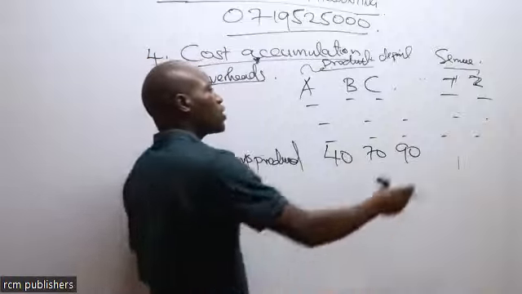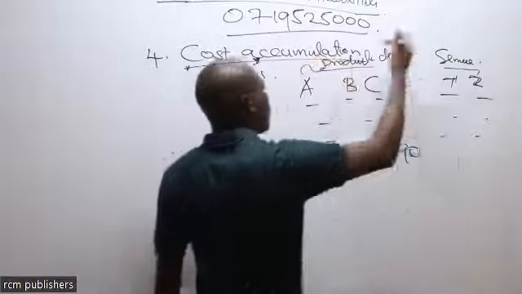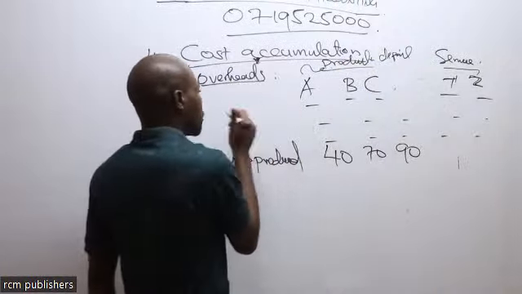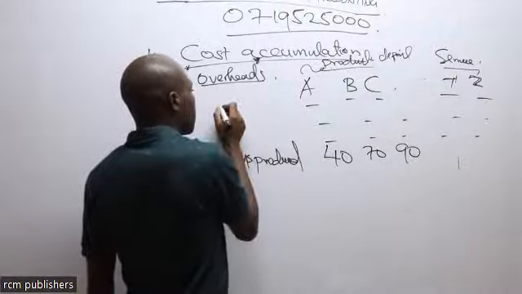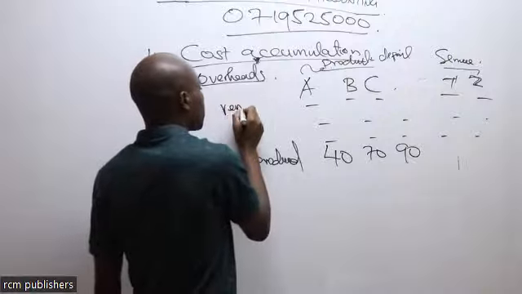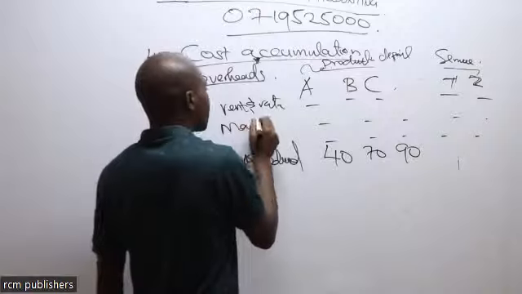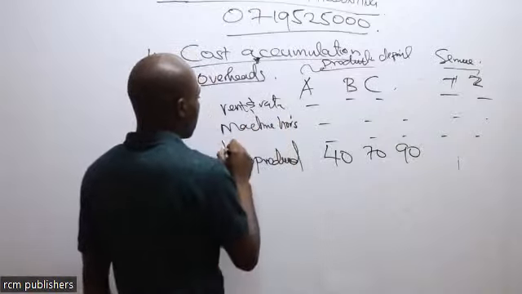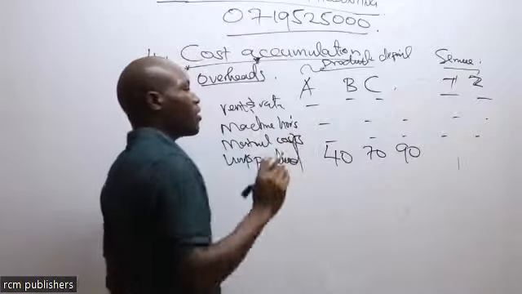Now, we want to transfer the costs incurred in the service department to what? To the production department. Remember, there are those costs that are already incurred here directly. We have rent and rates. We have machine hours. Then we have material handling costs. These are overheads.